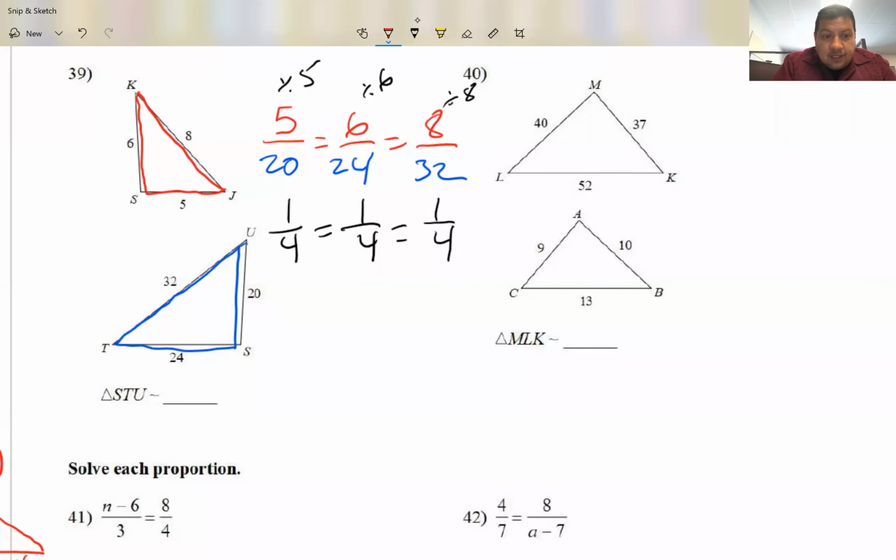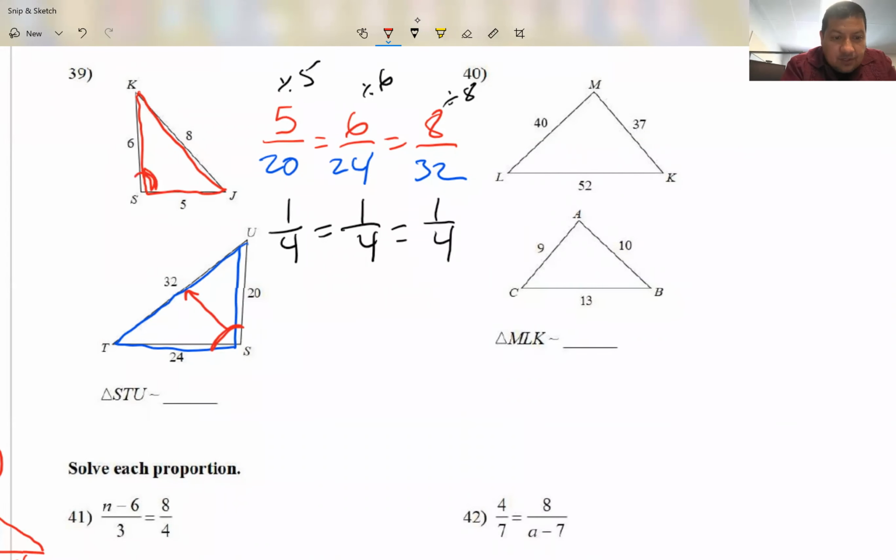So STU, if you notice, S is opposite the biggest side. So I'm going to say S goes with S from the other triangle. My first letter is S. Then I had to compare T because the statement started with STU.